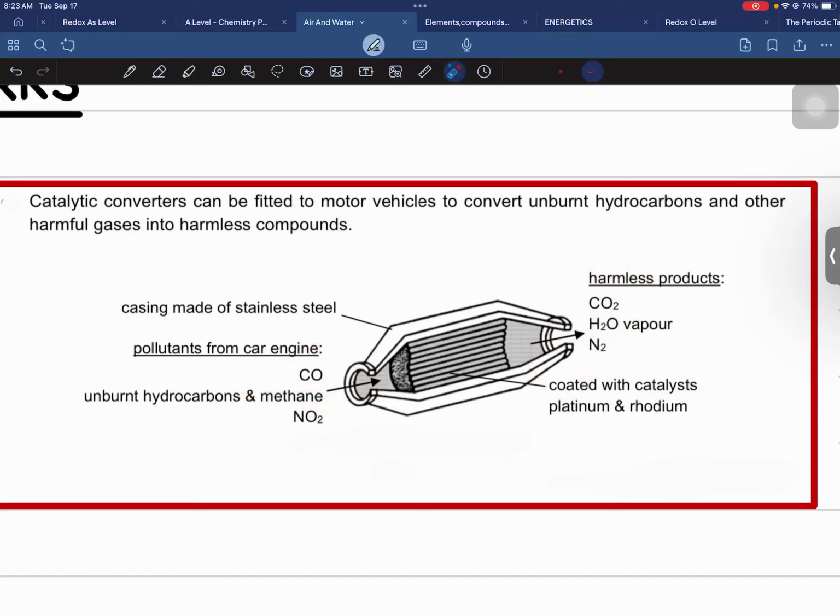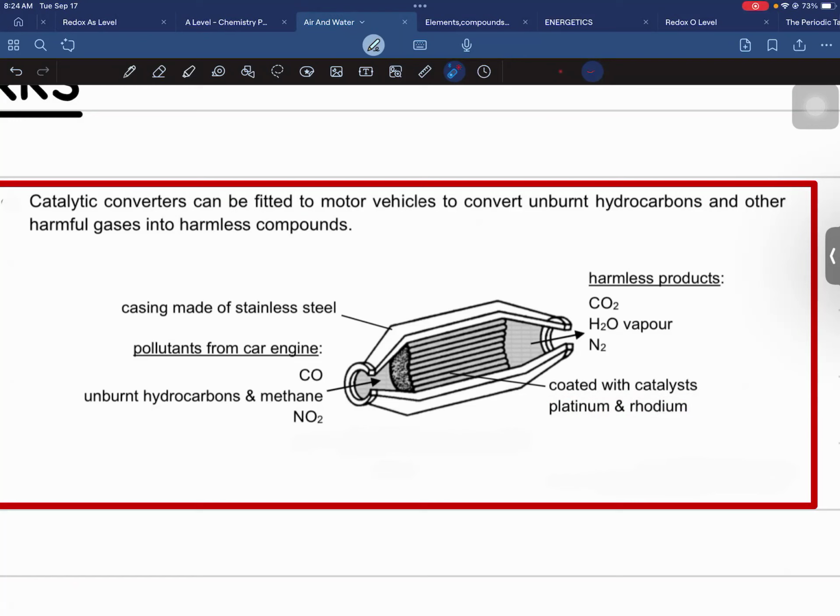This is the main question. In this converter, we have very precious metals: platinum, palladium and rhodium. Platinum and rhodium can act as a catalyst.